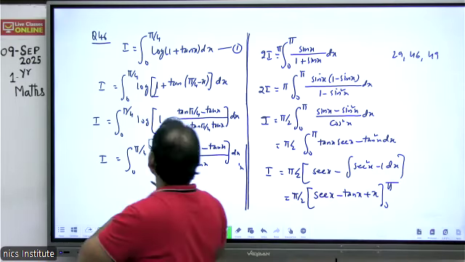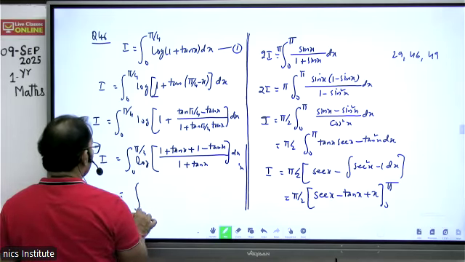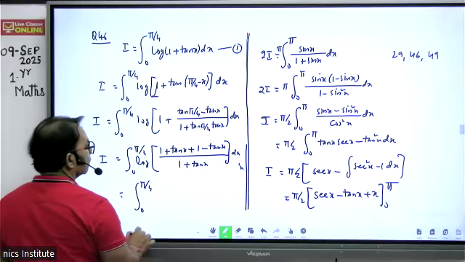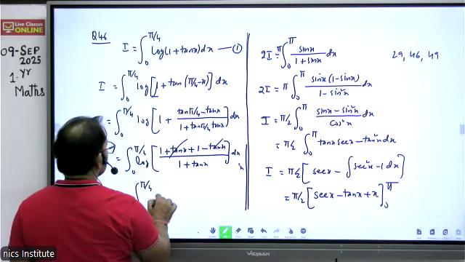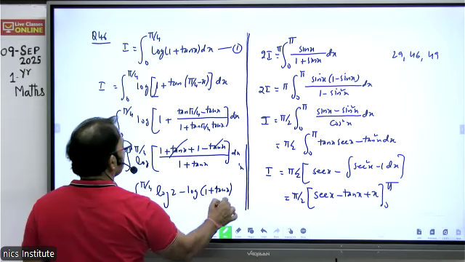So this is 0 to pi by 4. In the numerator tan x is cancelled, so log 2 minus log of 1 plus tan x. This is equation number 2.